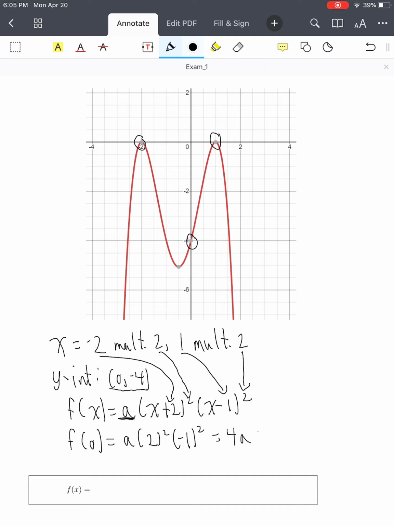So that's 4a equals -4. So we want to solve for a so that this is true. So here we just divide both sides by 4, so a equals -1. So our final answer will be negative x plus 2 squared times x minus 1 squared.